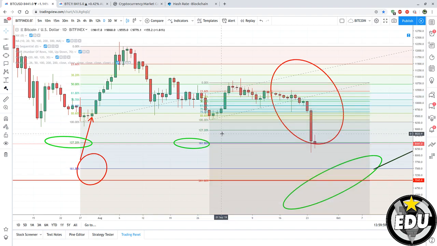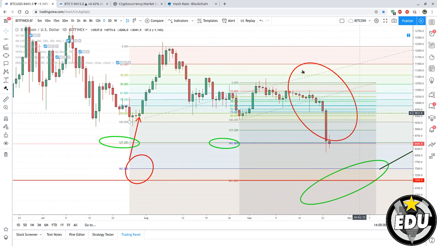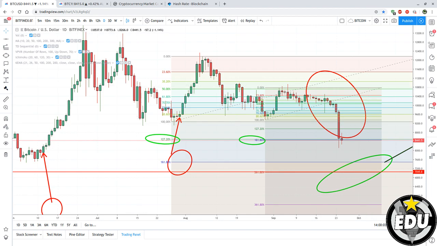Nothing super interesting with the Fibonacci. Okay, so what else to talk about? We talked about sentiment, shorts versus long. We also talked about the funding rate.